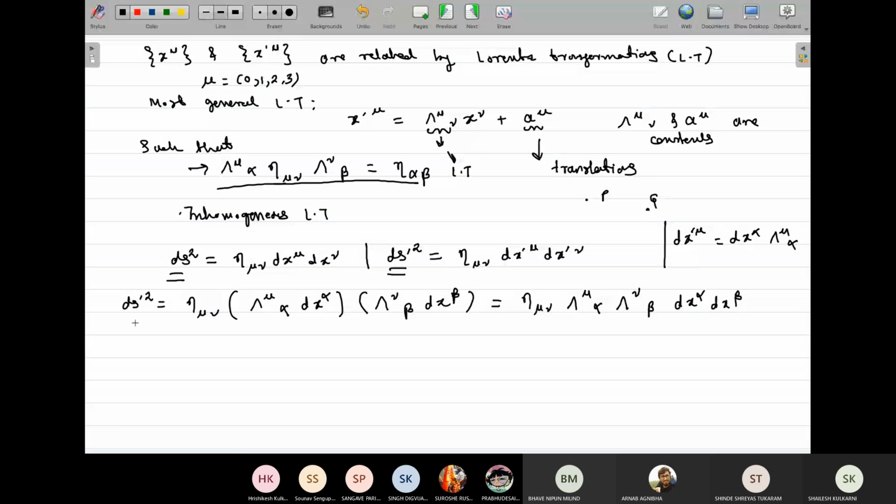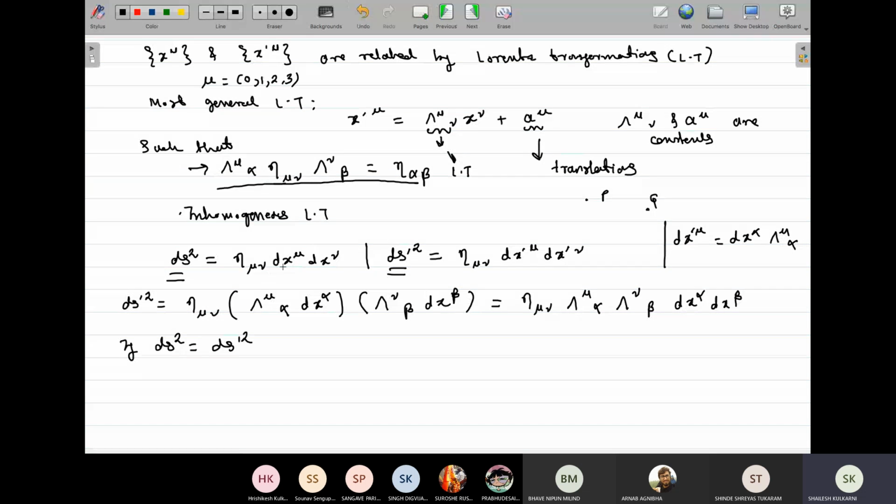Now, if ds square is equal to ds prime square, what does it mean? It means that I have to equate this quantity with this ds square. What is ds square? Ds square is eta mu nu dx mu dx nu, but these are summed indices, right?